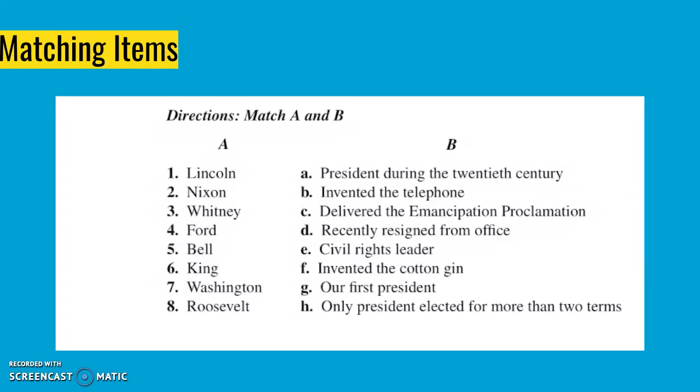List B: A, president during the 20th century; B, invented the telephone; C, delivered the Emancipation Proclamation; D, recently resigned from office; E, civil rights leader; F, invented the cotton gin; G, our first president; H, only president elected for more than 2 terms.